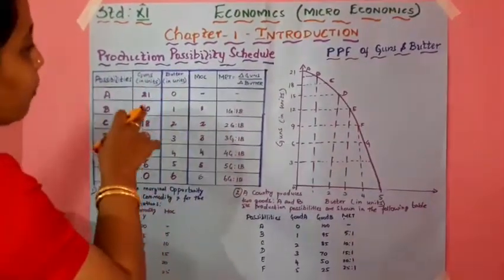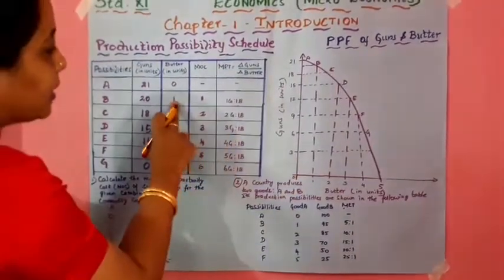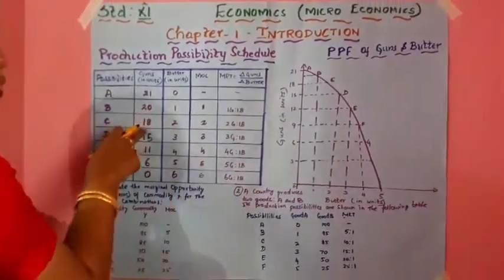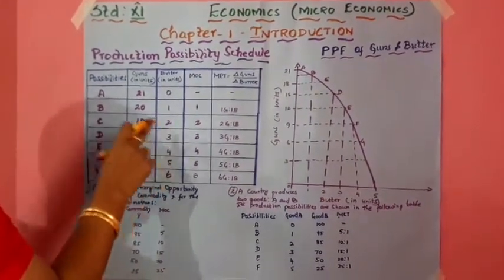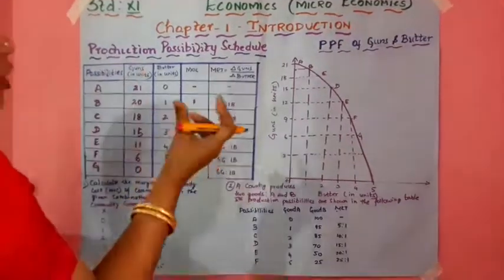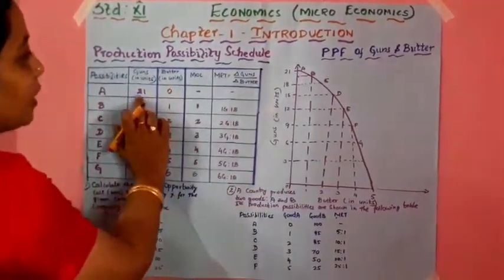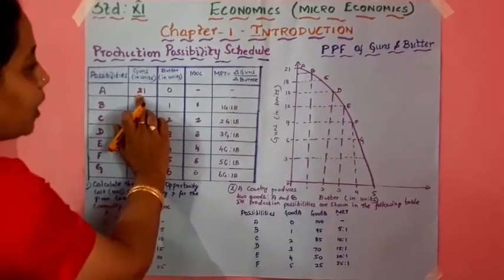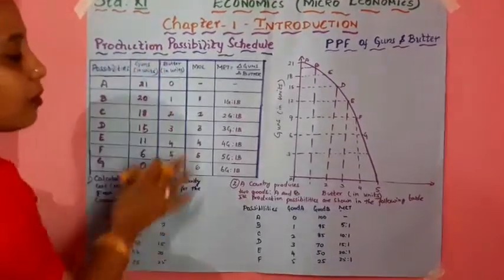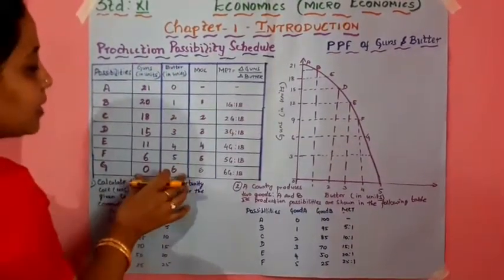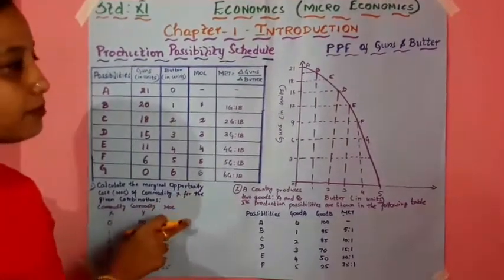If you choose to buy 20 guns, you can buy 1 unit of butter. If you reduce the guns to 18, you can buy 2 units of butter. So this is the combination of the income that you have with you. Hence when one increases, the other will decrease. This is the normal schedule of it. If you understand this concept, you can very well do this sum.